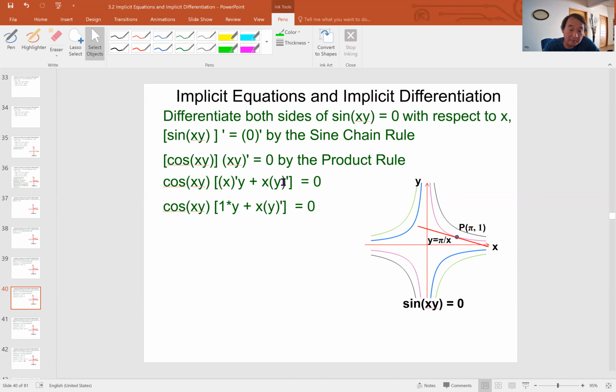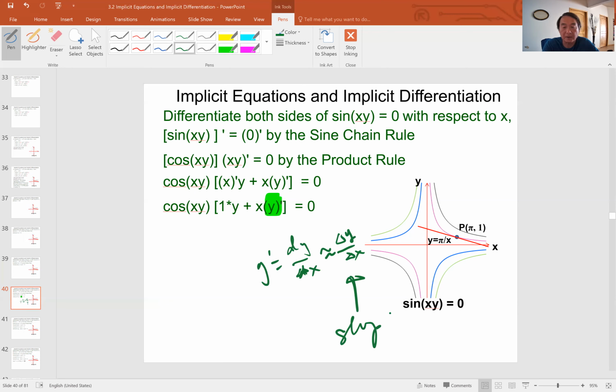Remember the y prime that pops out. So what are we aiming for? We're aiming for y prime, dy dx. Y prime is dy dx, and this is roughly delta y over delta x, and that's the slope.